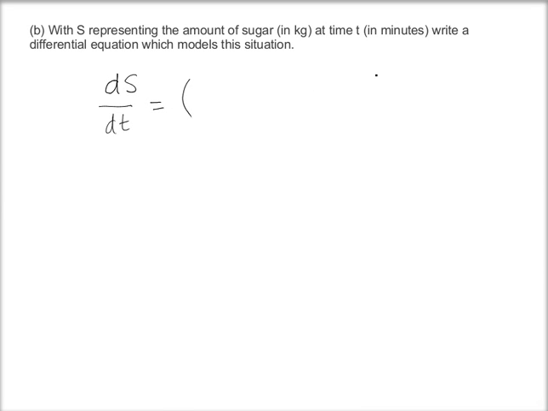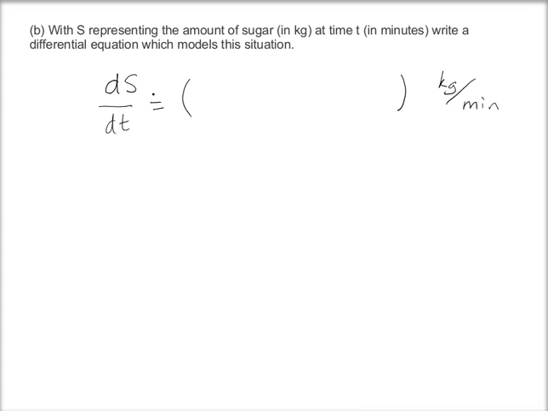It might help first to think about what the units of this are going to be. S is given in kilograms, and time t is given in minutes, so my units are going to be kilograms per minute.